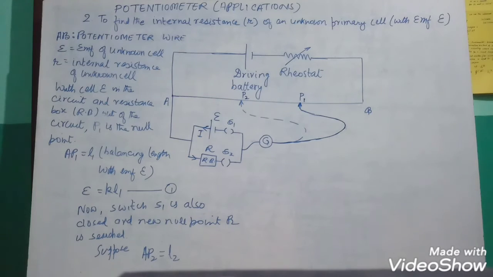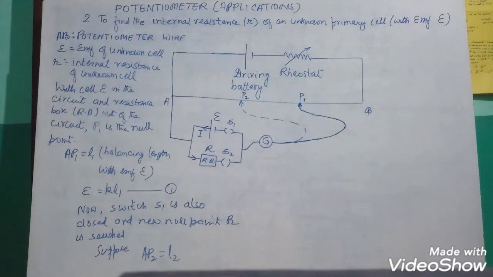Now we can see, because P2 is the null point, that means the lower part of the circuit consisting of the battery and resistance box is not drawing any current from the main circuit of the potentiometer. However, the lower circuit, consisting of the battery with EMF E and resistance box with resistance R, being a closed circuit, there is some current I flowing in the circuit.